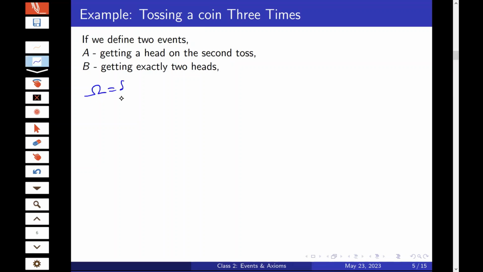So tossing 3 coins at once. You can get head in the first coin, head in the second coin, and head in the third coin. Or head in the first 2 coins and tail in the third coin. Head in the first coin, tail in the second coin, and head in the third coin. Tail in the first coin, and head in the 2nd and 3rd coins.